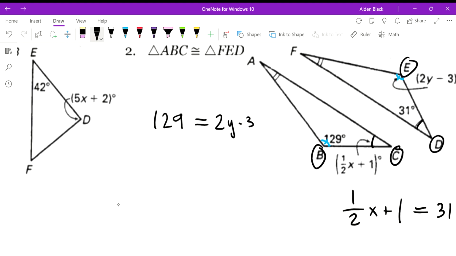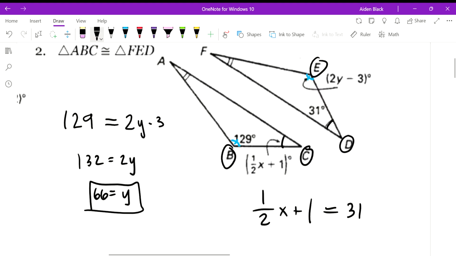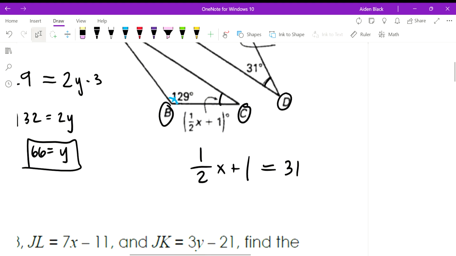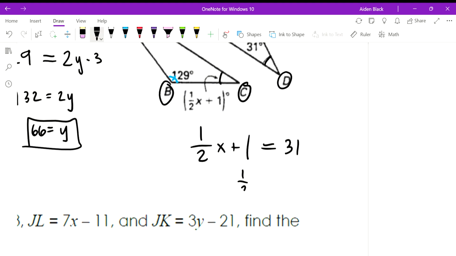So let's start out with this one. Let's add 3 to both sides. Divide both sides by 2, and we find out that y equals 66. That makes sense. And then here, subtract 1 from both sides. I get 1/2 x equals 30.